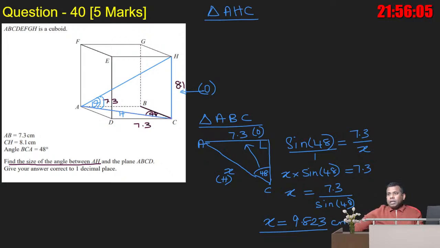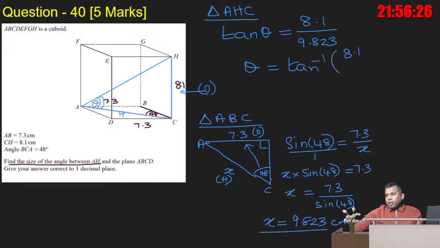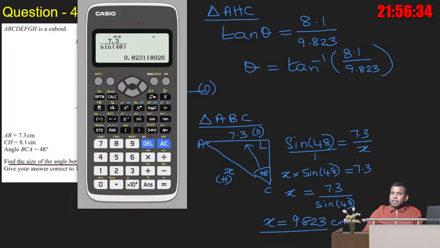So now in the triangle AHC, right, tan theta equal opposite is 8.1 over 9.823, right? So theta equal tan inverse of 8.1 over 9.823. When doing this on the calculator, please remember this method.